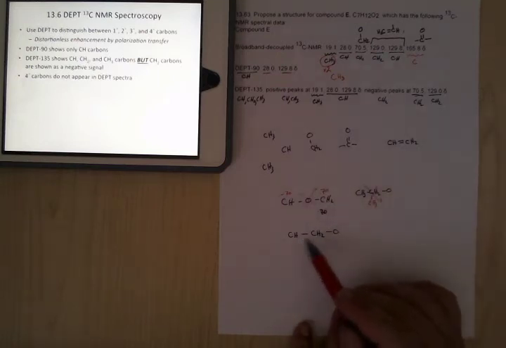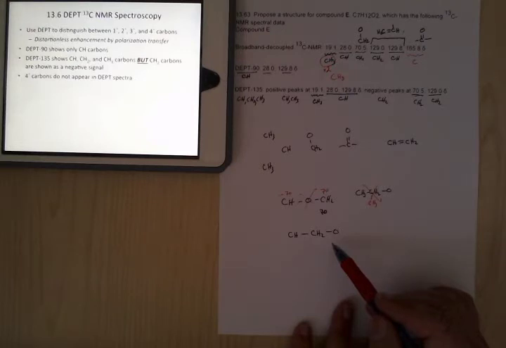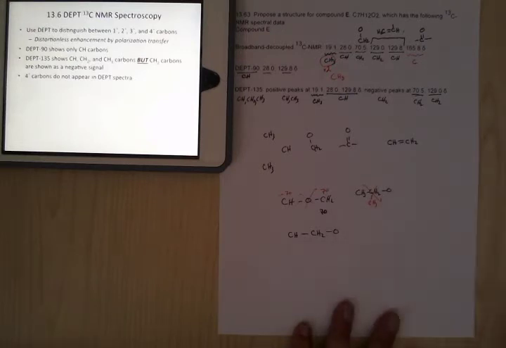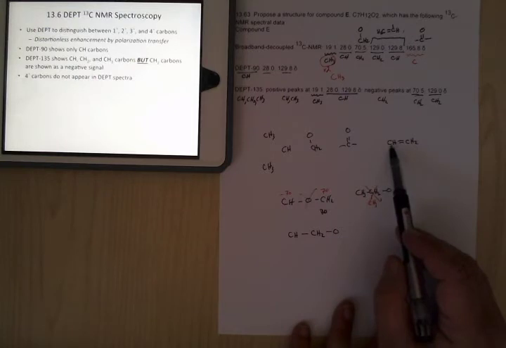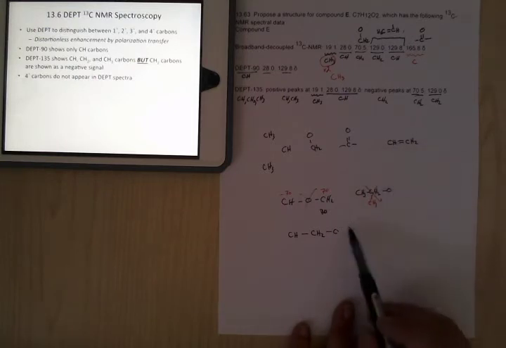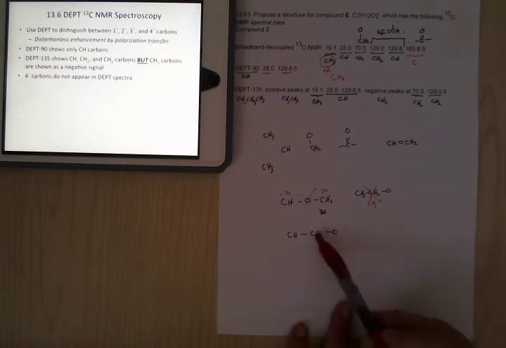But this might be a way to put them together. So we may have something like this. This isn't connected to that. So we know we have this, we know we have that.